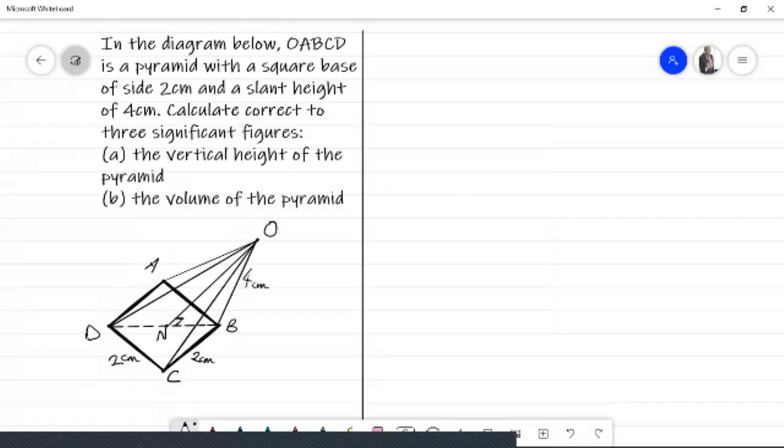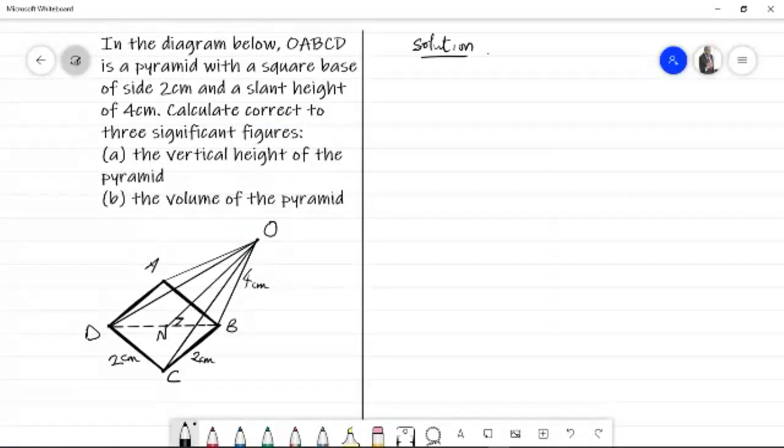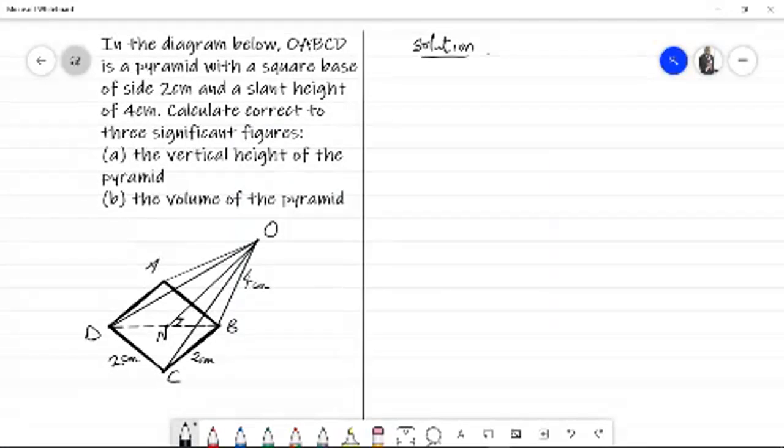So very quickly, let's take my solution on this side of the page and see how this goes. Since we want to find the vertical height of the pyramid, I want you to focus on the representation of everything related to this pyramid. If you look at the base of that pyramid, you will realize that it is a square.